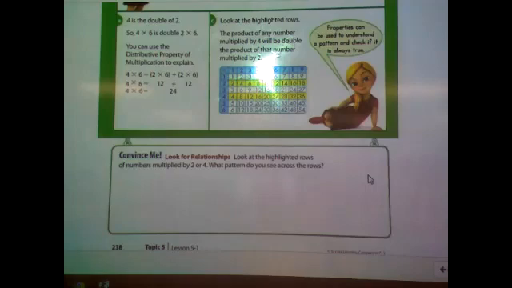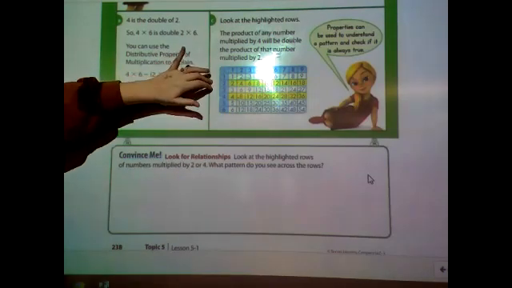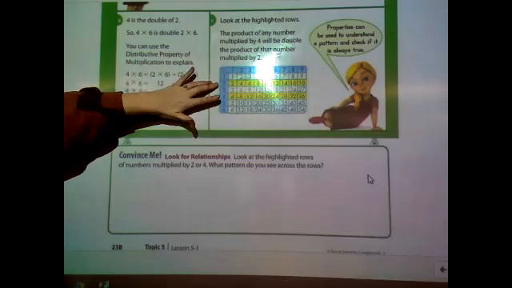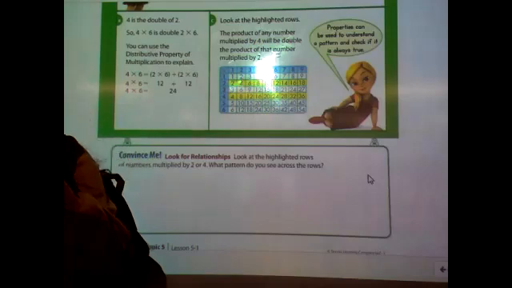So let's look for relationships. Look at the highlighted rows again of the numbers multiplied by 2 or 4. What pattern or patterns do you see across the rows?